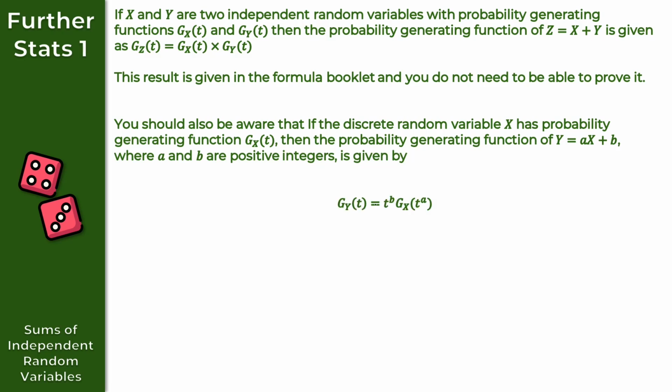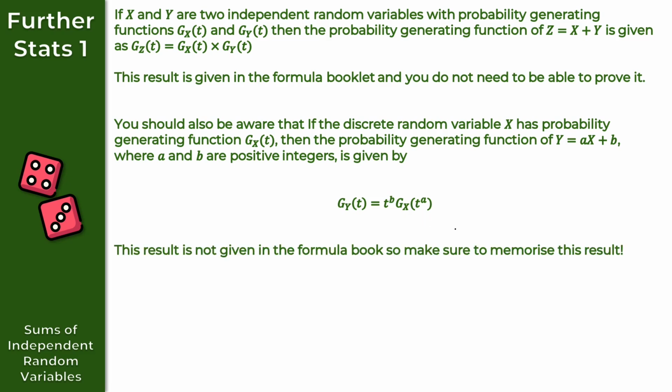So we get g of y in terms of t, which is equal to t to the power of b times the probability generating function of x in terms of t to the power of a. Okay. This result is not given in the formula booklet, so make sure to memorize it. Unfortunately, this one you do just have to memorize, and it will come up in exam style questions. So do take a note of this. Like I said, very, very important.